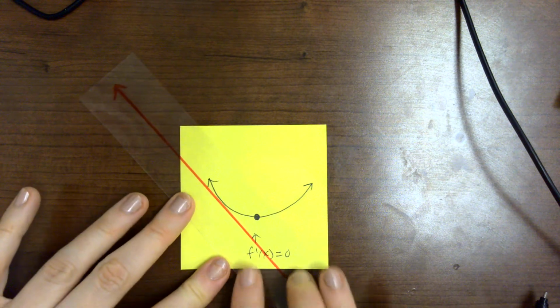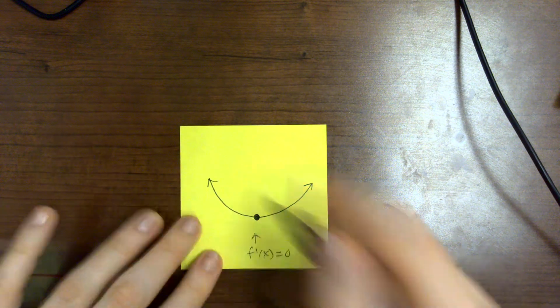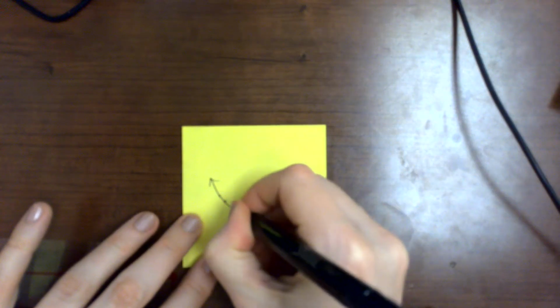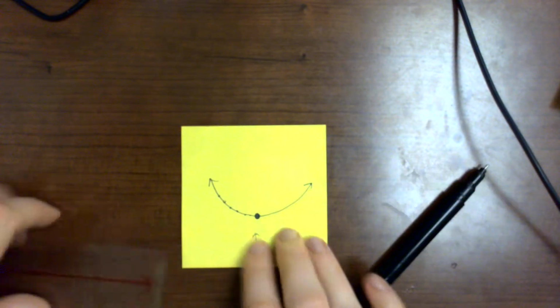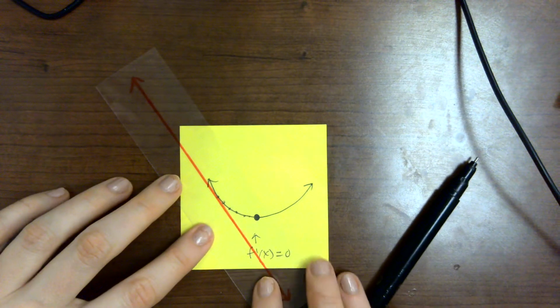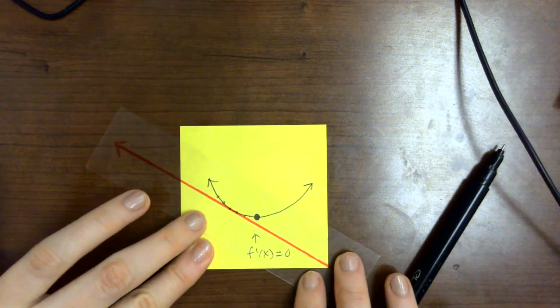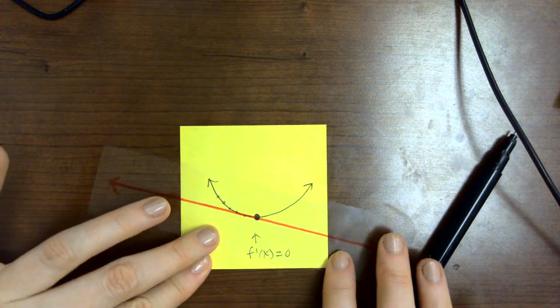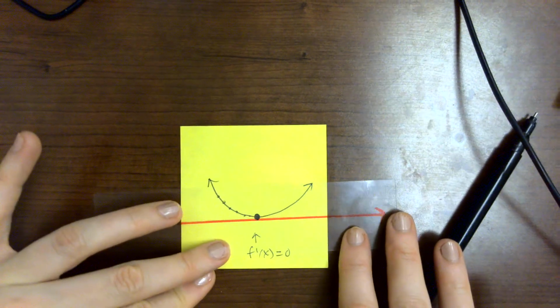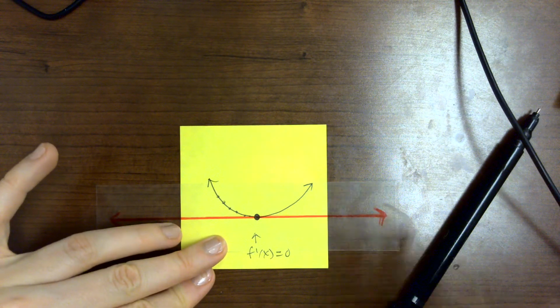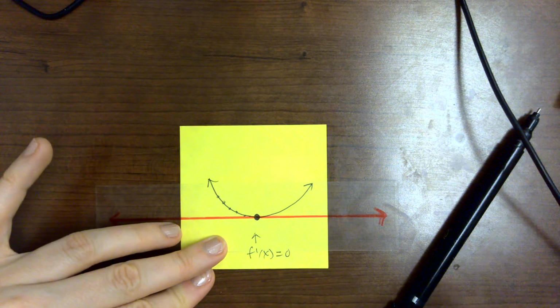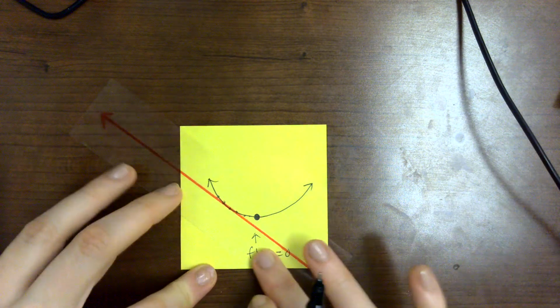If I start over here and follow this sequence of points and the slopes of the tangent lines at those points, we start getting closer and closer to a slope of 0. That's like a limit idea.